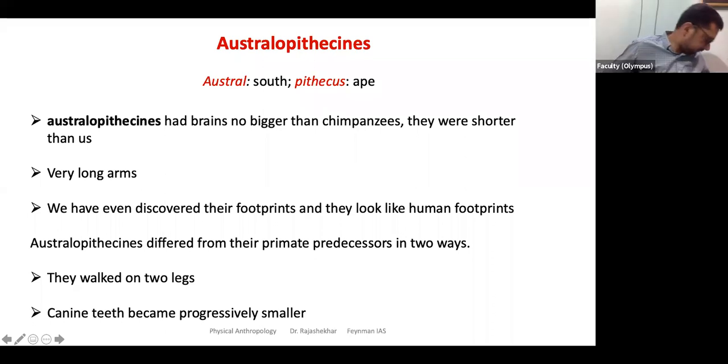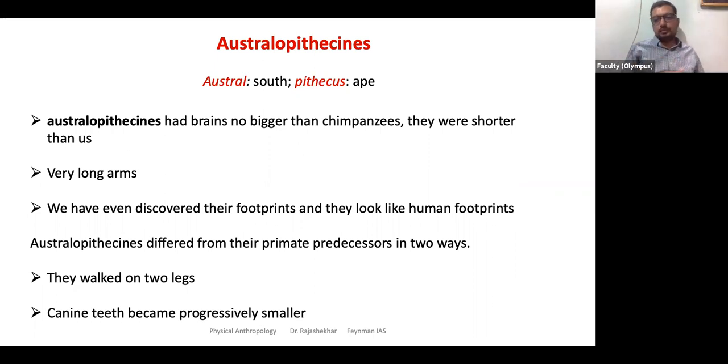So these Australopithecines had features with the brains like chimpanzees. Brain size was like chimpanzees' brain size. But remember, in the image I was showing you, they are smaller.